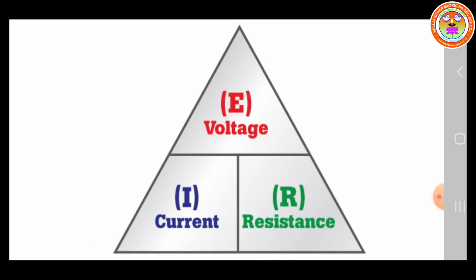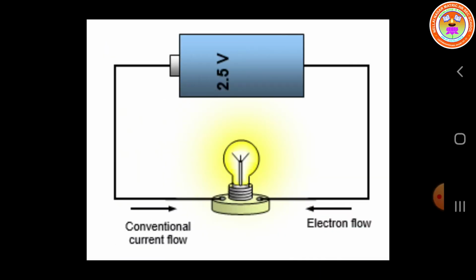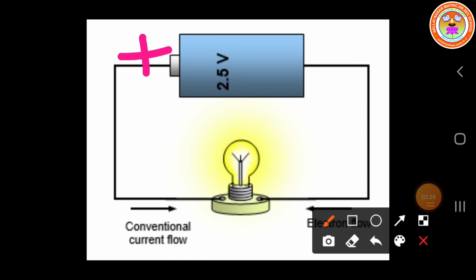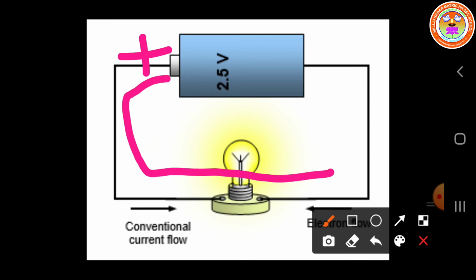Next, let me explain about conventional current and electron flow. Look at the picture clearly, students. Conventional current flows from the positive end to the negative end.